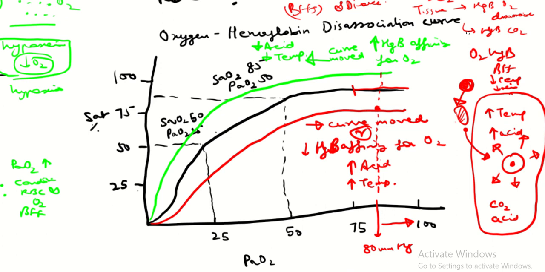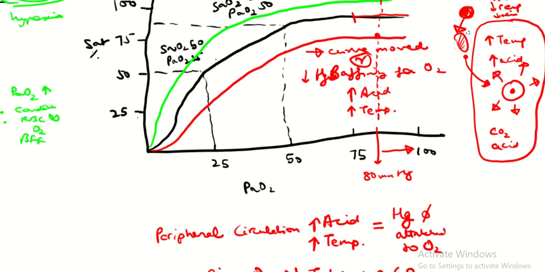Okay? Now, let's say systemically my pH is very, very low. That means in my lungs, the pH is going to be low as well, because my pH is low everywhere in my body. What does that mean?